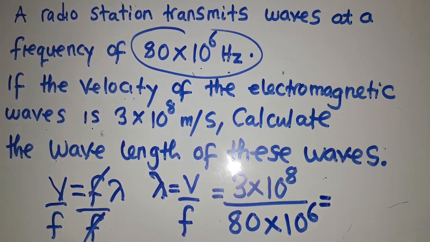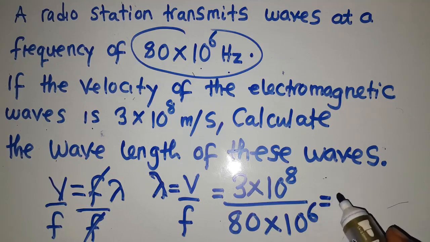What answer are you getting? So how do you punch this? Maybe there is someone facing challenges on how to punch this. Just say open bracket, 3 times 10 to the power 8, close bracket, divide by, open bracket, 80 times 10 to the power 6, close bracket.